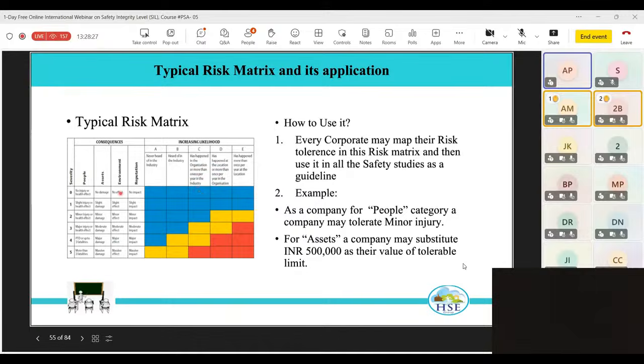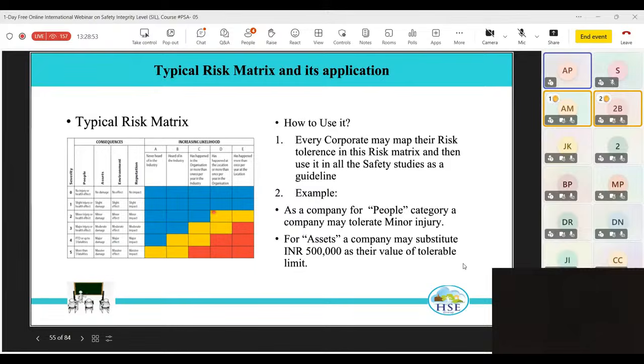So it will come like a multiplication, and it is a blue color here. Similarly, for yellow here, it has occurred more than once a year in an organization, and if minor injury to people or minor damage to the assets has occurred or minor effect to the environment is there, then this is yellow. Like that, we calibrate it.